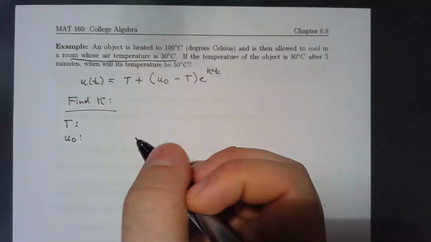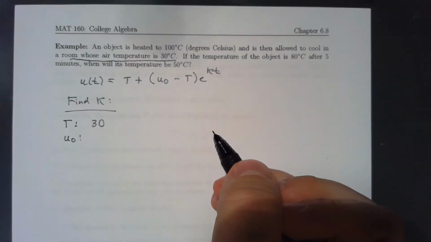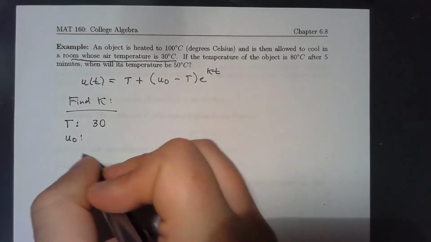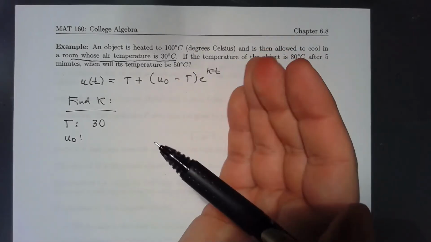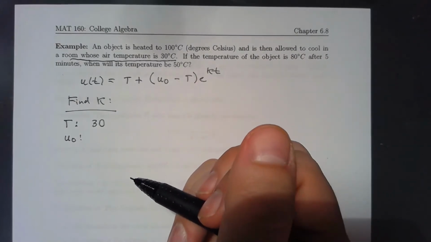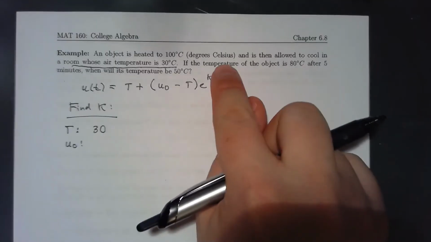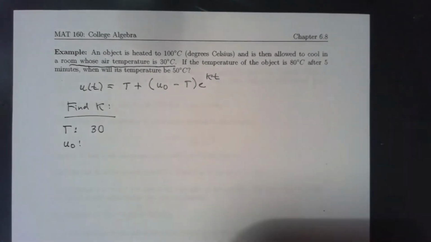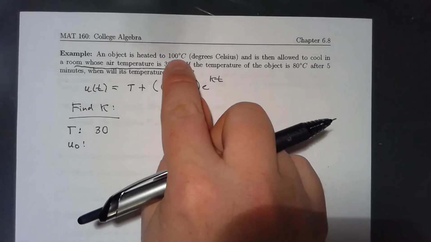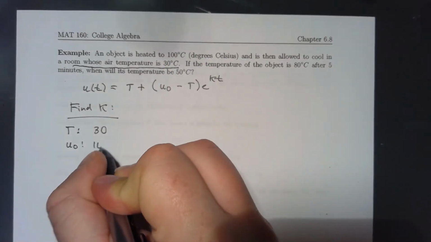So the temperature of the environment, and it's constant, so T is 30, right? The initial temperature of the object, once it's introduced to the environment: an object is heated to 100 degrees Celsius, then it's placed in the room. So as soon as it's placed in the room, it's initially 100 degrees. So that's the initial temperature, 100 degrees.